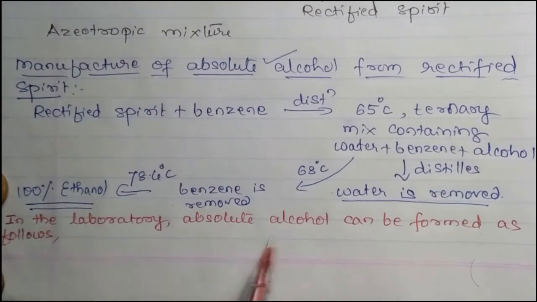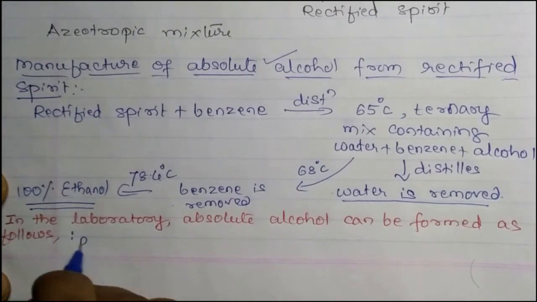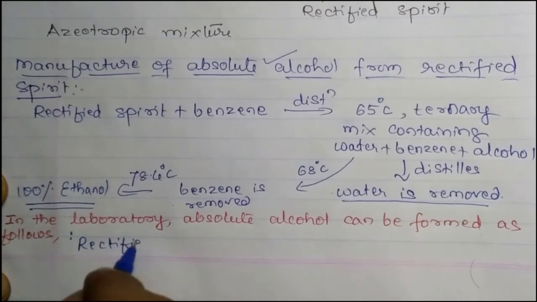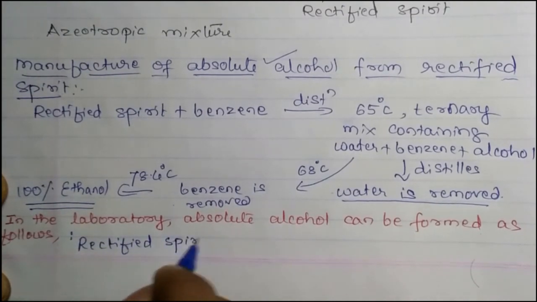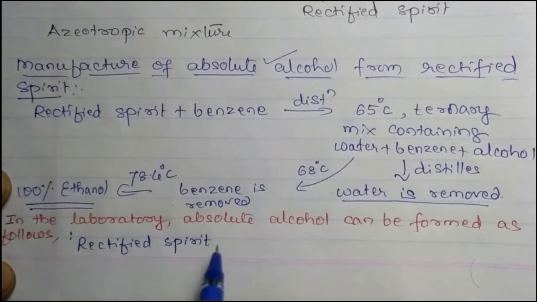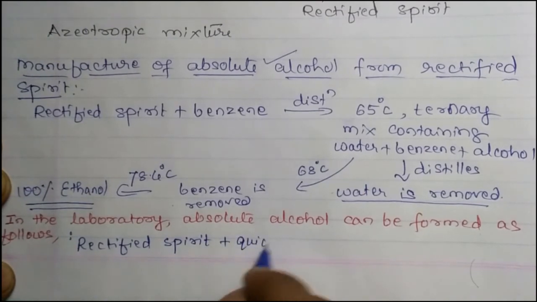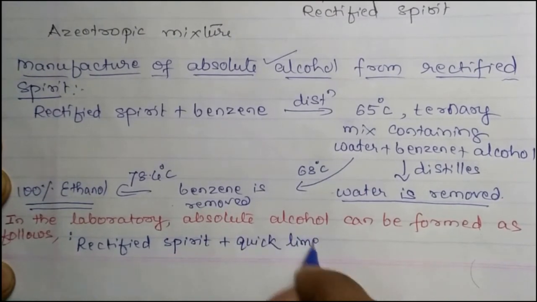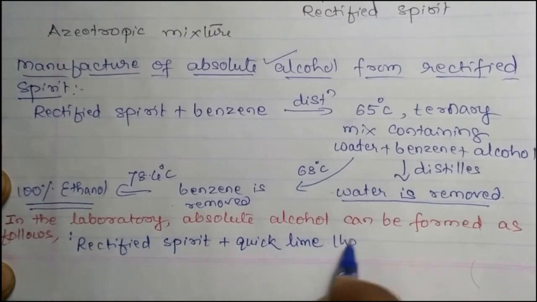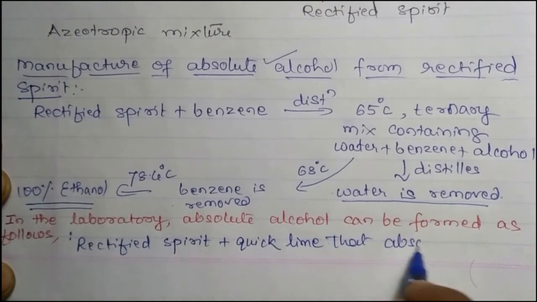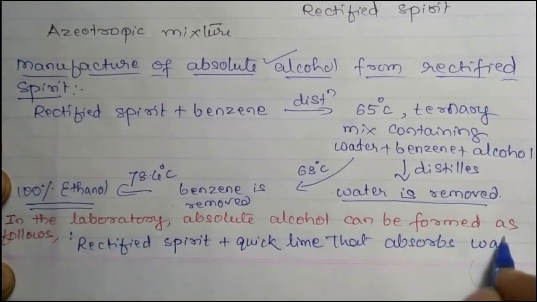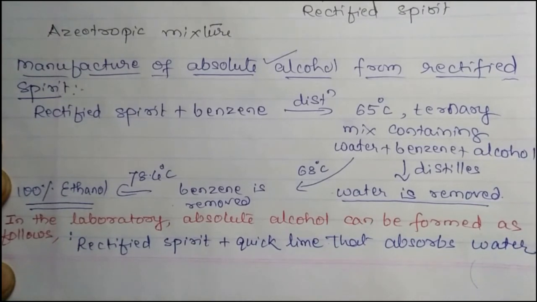In the laboratory, absolute alcohol can be formed as follows. First, rectified spirit, that is 95% ethyl alcohol, is treated with quicklime, calcium oxide, that absorbs water, and the liquid is distilled.